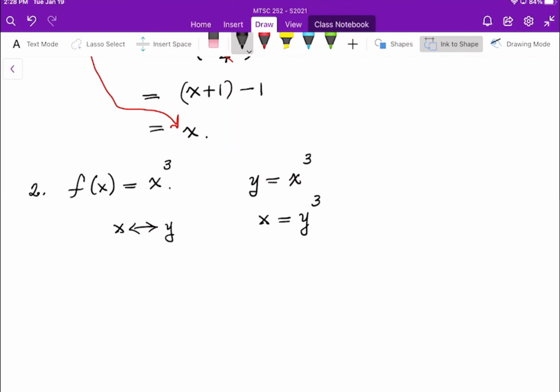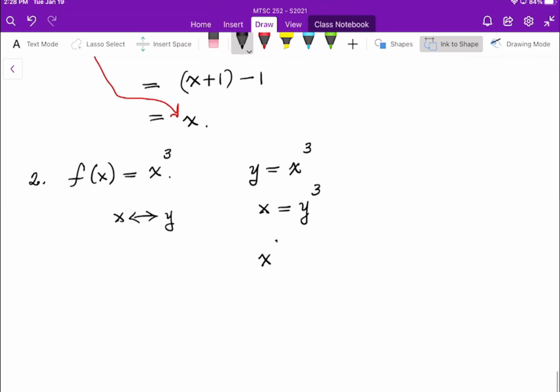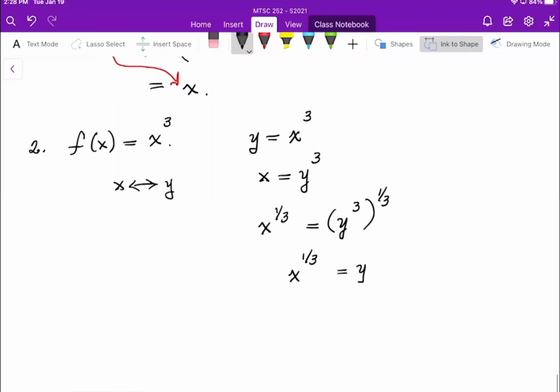And in order for me to figure out how to solve, I need to take x and raise it to the 1/3 power. I have y cubed to the 1/3 power. So this now gives me y is equal to x to the 1/3 power, or y is equal to the cube root of x.